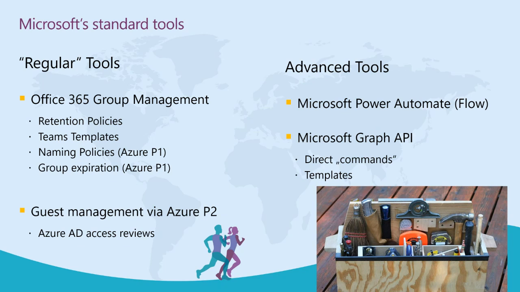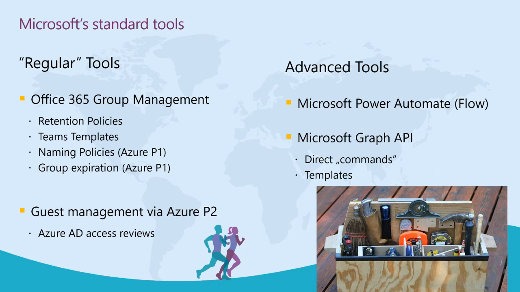So if you want to run a couple of administrative tasks, you should create a service account. With the Microsoft Graph API, you are able to do some tasks in the back end.